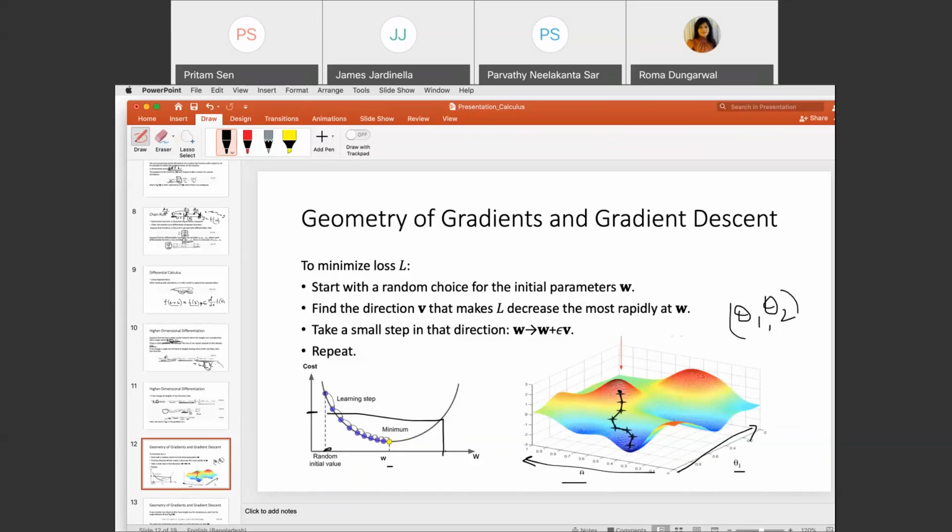After that, we need to find a direction that makes the most change, apply the change in W, and calculate the loss function again. We continue to repeat the same process again and again until we make the loss minimum.